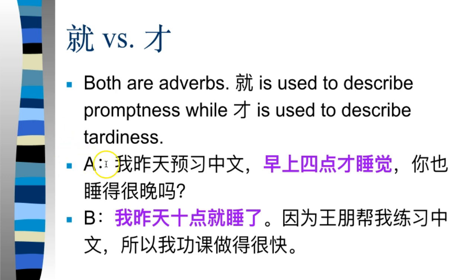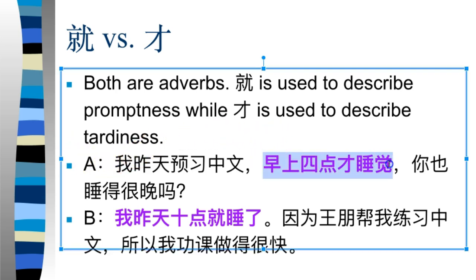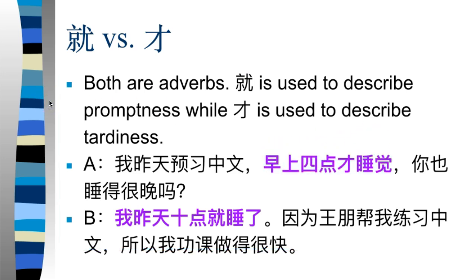So, for example, 我昨天预习中文，早上4点才睡觉. So, I was practicing Chinese yesterday. I slept at 4 in the morning. So, at 4 in the morning, only then did I sleep. 早上4点才睡觉. So what if I want to say I slept promptly? I slept early.